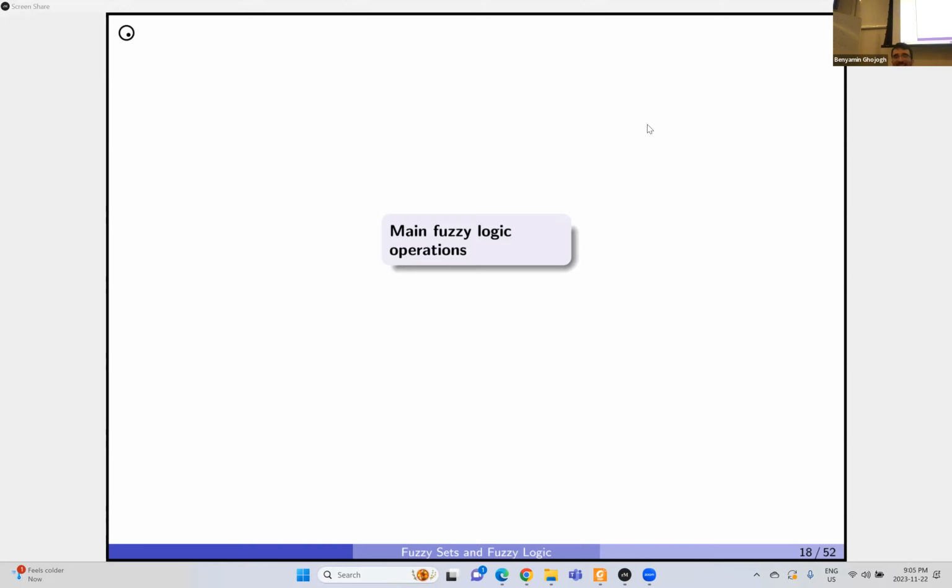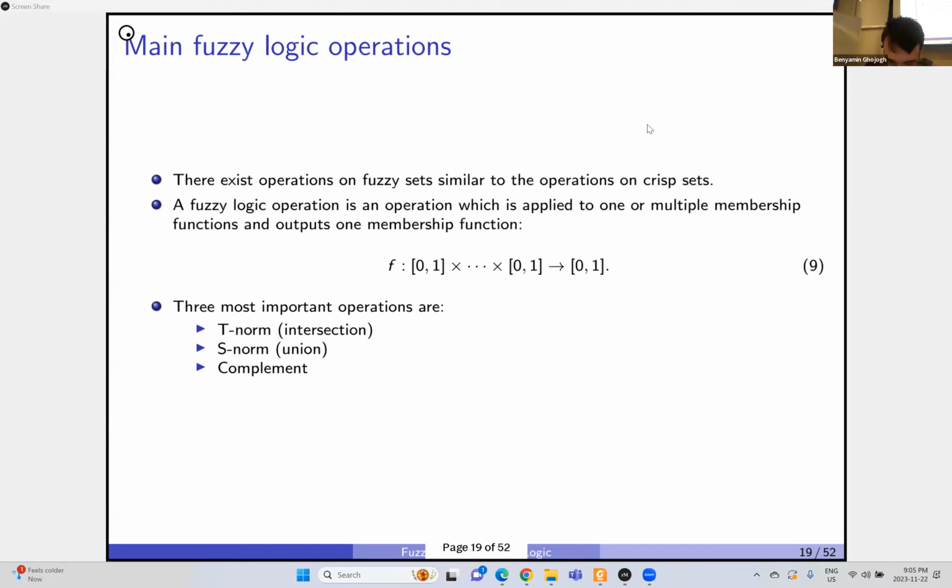Okay. So here, similar to that, we have fuzzy logic operations, similar to AND, OR, NOT, right? There exist operations on fuzzy sets similar to the operations on crisp sets. A fuzzy logic operation is an operation which is applied to one or multiple membership functions, but it outputs one membership function.